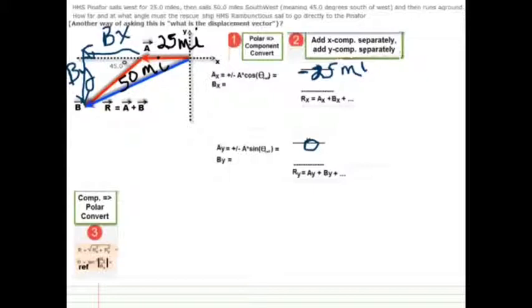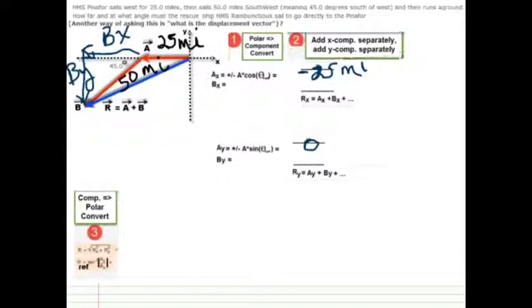The x component is plus or minus, in this case minus, the polar magnitude, which is the hypotenuse of this reference right triangle, in this case 50 miles. The hypotenuse is the side opposite the right angle, the largest side in any right triangle, times the cosine of the reference angle, which is 45 degrees. The y component is plus or minus, in this case minus, hypotenuse or polar magnitude times the sine of the reference angle, again 45 degrees.